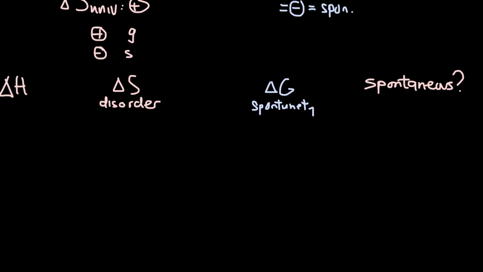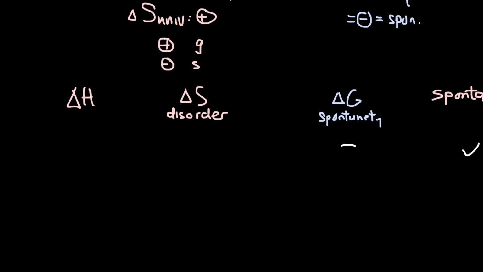What combination of signs do we need for a reaction to be spontaneous? Well, that means G has to be negative. And S, if it's spontaneous, it has to be positive by gaining disorder. And H, it would be preferred that H is negative, okay?